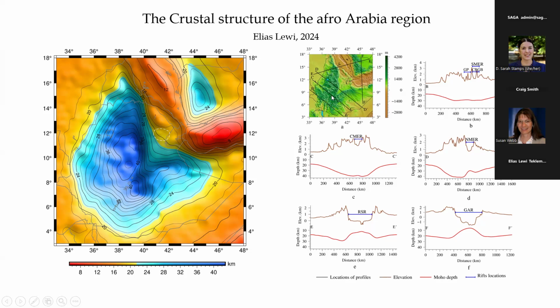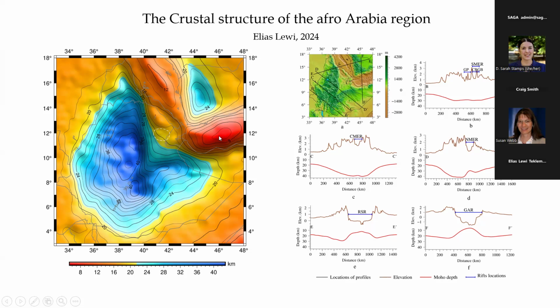But as we go toward the central main Ethiopian rift, you can see that the Moho depth is reacting. And as you go to the northern part, on this profile, it is properly showing. When you go across the Red Sea, the lower crust mantle boundary is properly bulging.